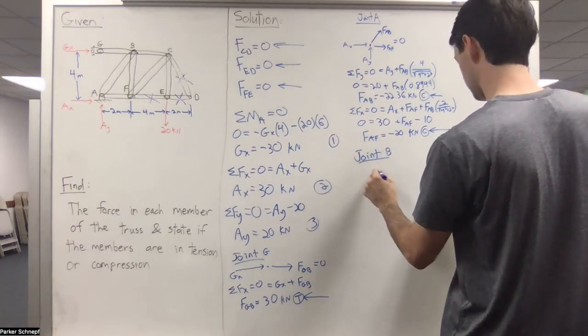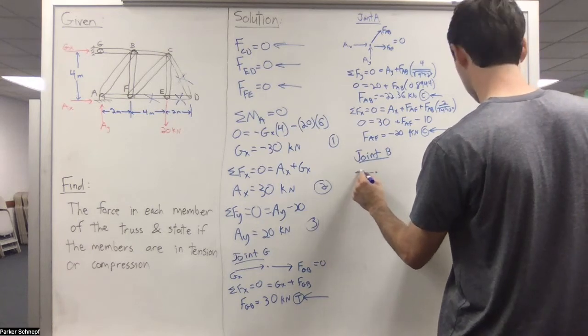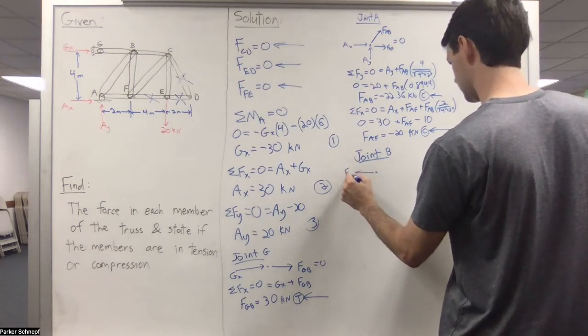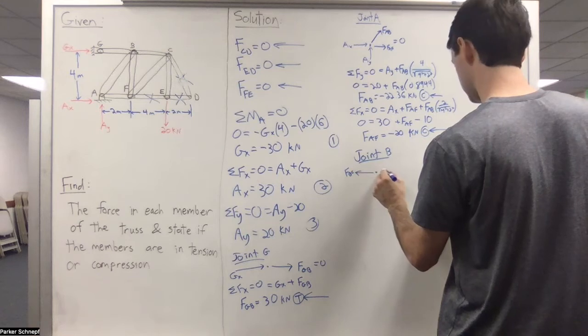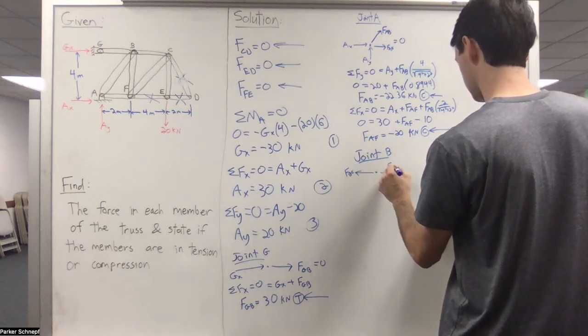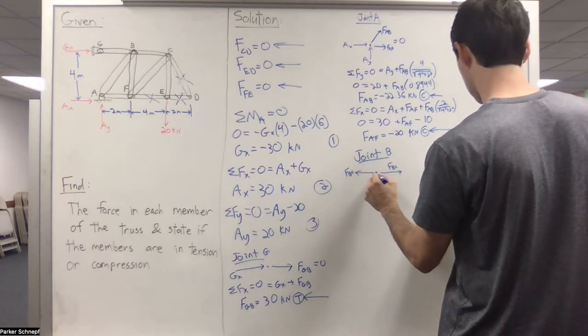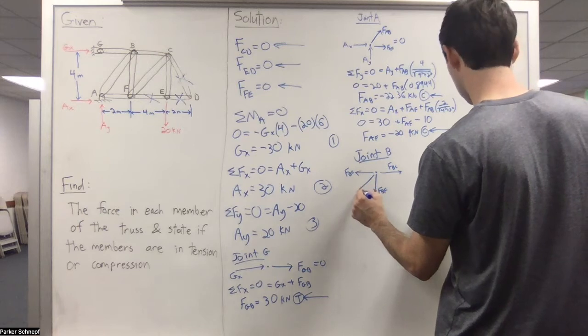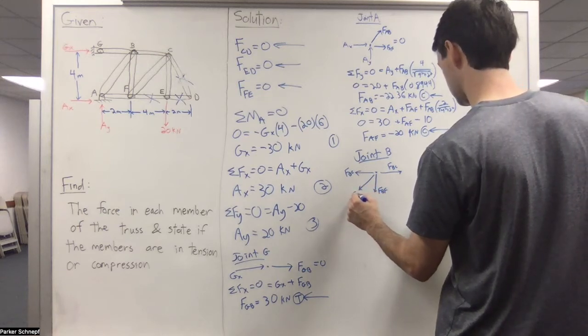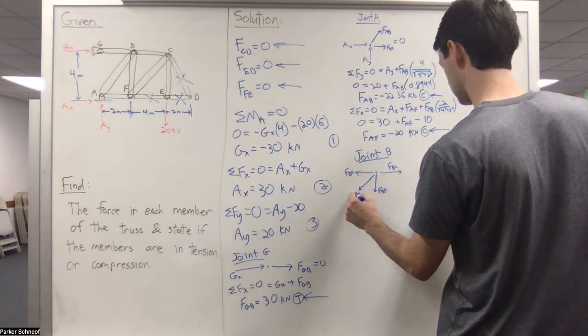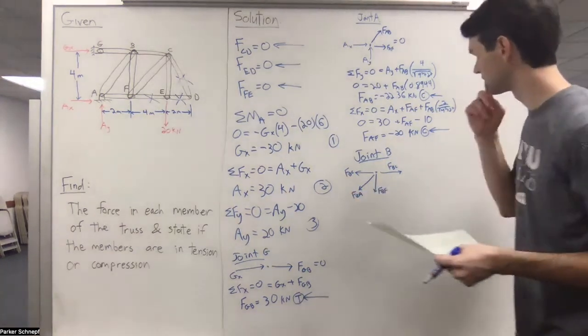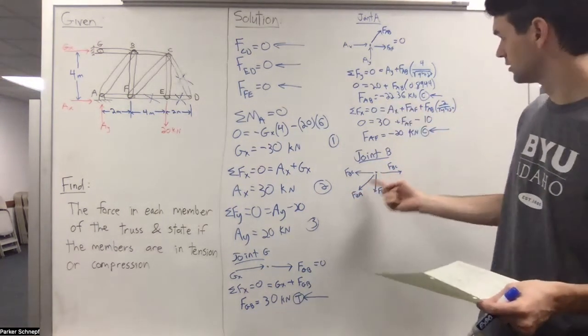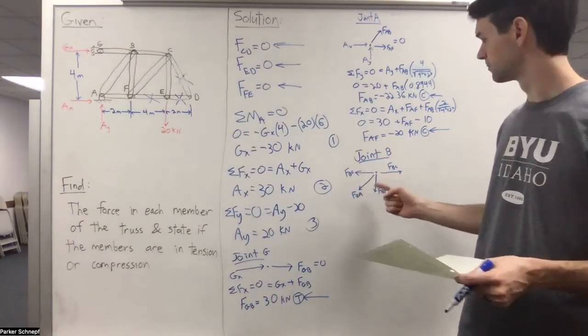So my free body diagram here looks like this: FBG, FBC, FBF, FBA. So you notice, even though I know that FBA is going to be in compression, right?